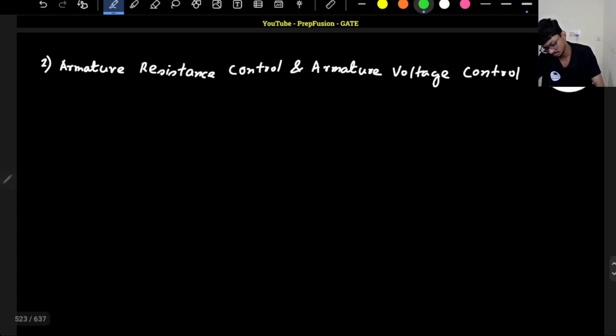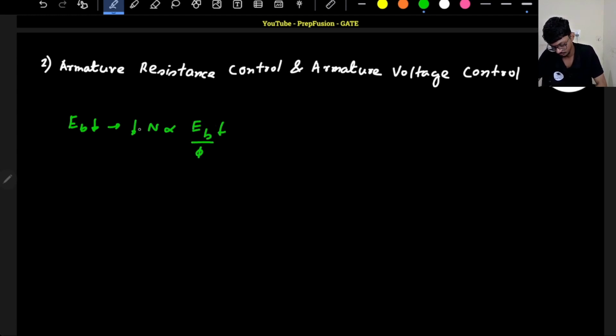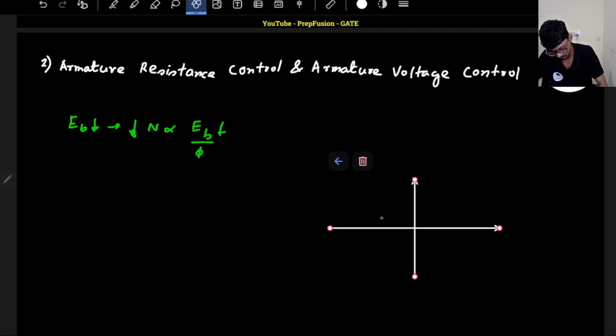In this case, what do we control? We control the EB again, but this time the EB is made to go down. If EB is made to go down, what is my speed? Speed is proportional to EB upon flux. Flux is constant, so speed will go down. Okay, so here the graph will be below the rated speed.